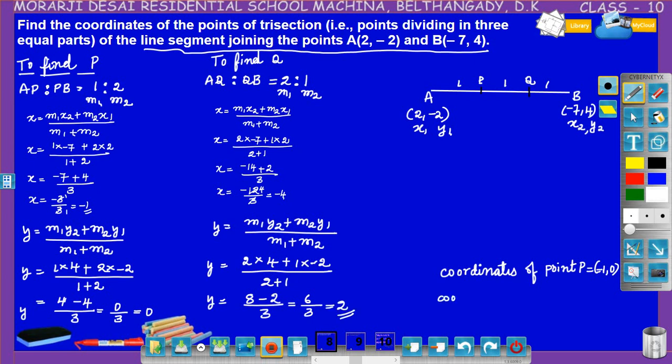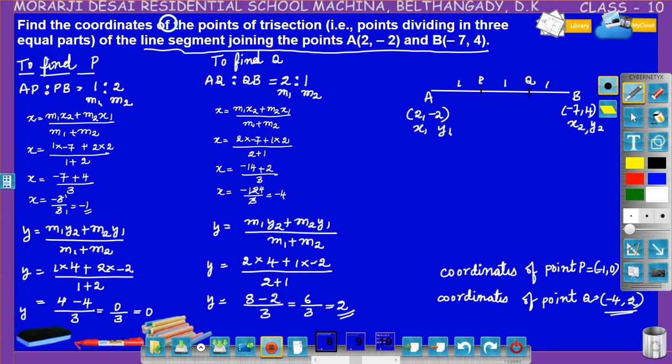Therefore coordinates of point Q is equal to, x coordinate is minus 4, y coordinate is 2.